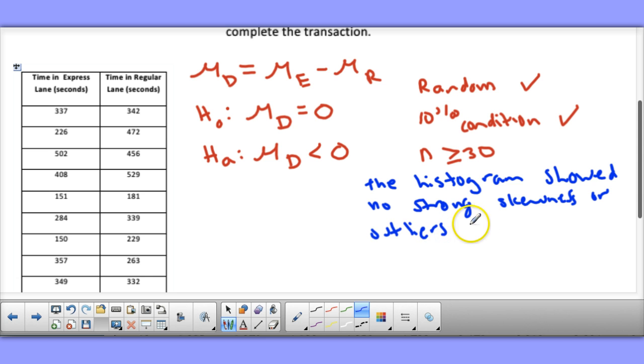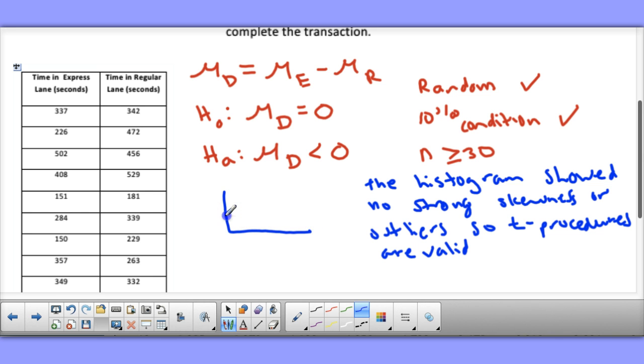So T procedures are valid. And on the AP exam, I would recommend drawing a little sketch of what you saw on your calculator screen. So we had something I think that looked a little bit like this, if I recall. And you don't even have to put a scale or anything like that, just a little sketch.